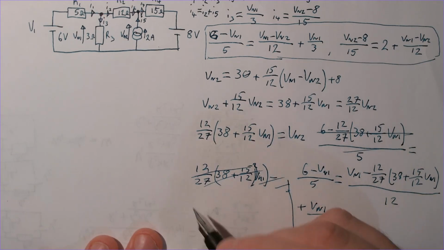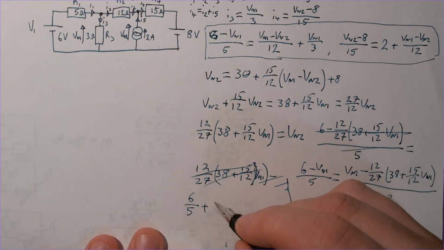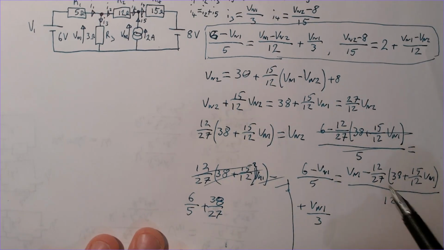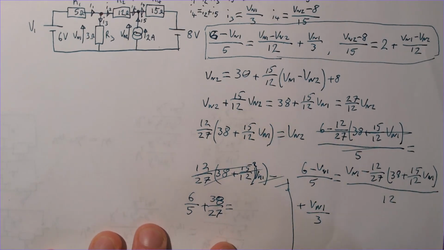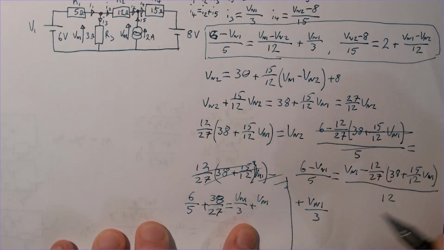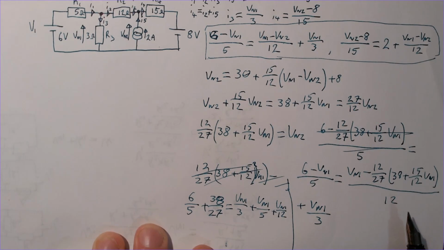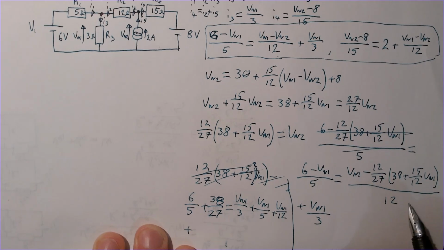So 6 over 5 plus 38 over 27 from here equals, I'll move that to the other side, so Vn1 over 3 plus Vn1 over 5, that's these two, and then there's this Vn1 over 12 plus Vn1 over 12, and there's one more term, it is plus that, so that can get rid of that, make that a 1.